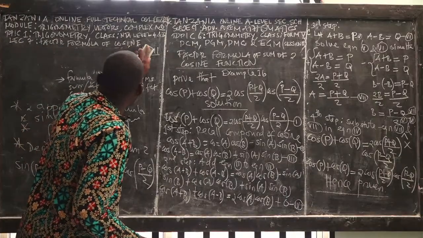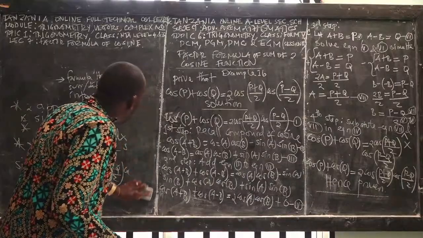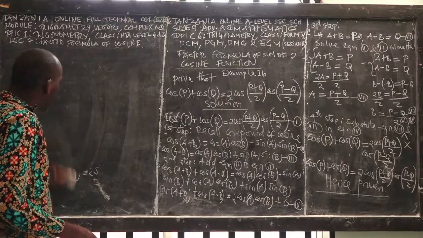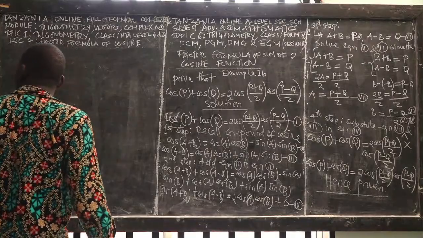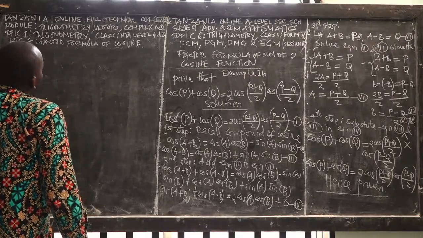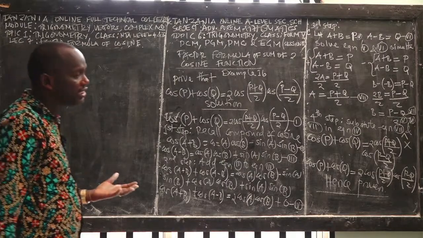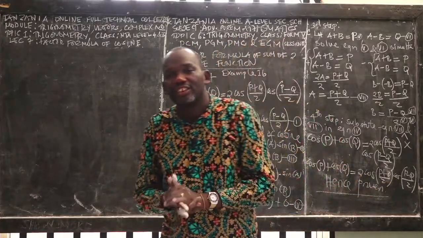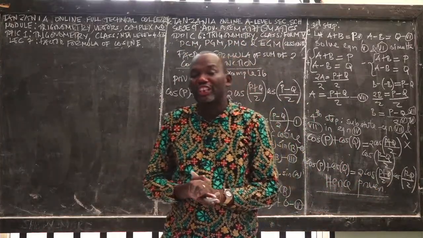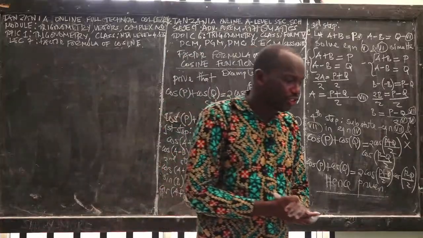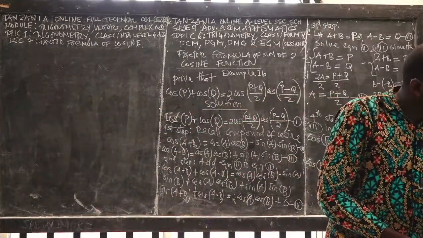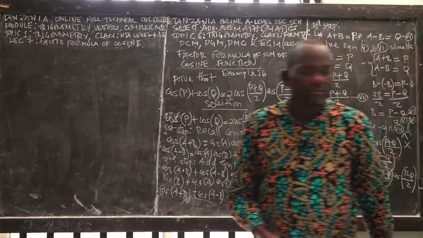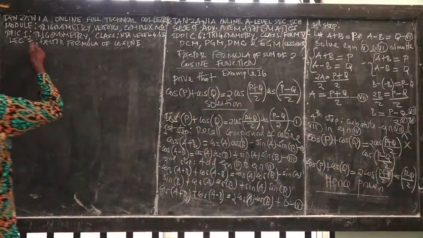Haya, baada hapo sasa tuna swali zuri. Ngoja niweke swali ambalo sio la kuprove, lakini ni la kutafuta au la expression, kwa sababu kumbuka nimekufundisha moja ya matumizi makubwa ya factor formula ya cosine na factor formula ya sine ni kurahisisha complex trigonometrical expression. Kwa hii tutafanya example 17.